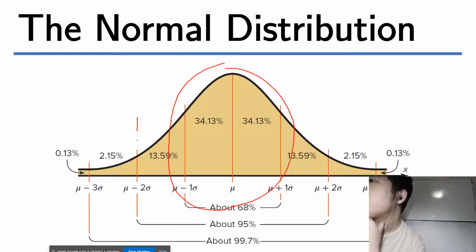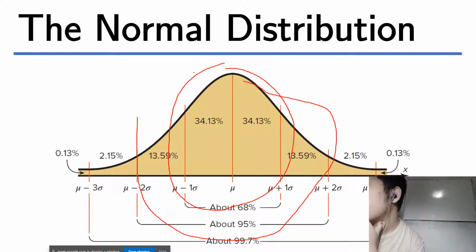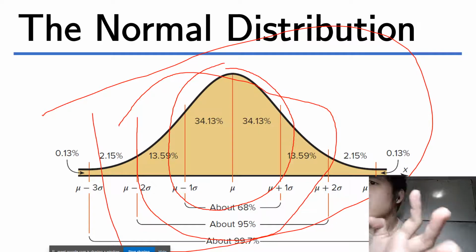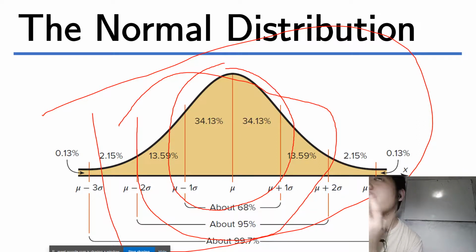Within two standard deviations, 95%. And the last, within three standard deviations, 99.7%. You will find the importance of these specific areas later. Okay?